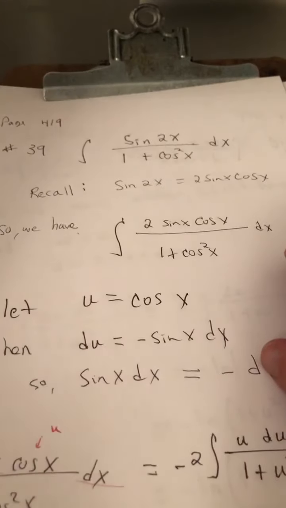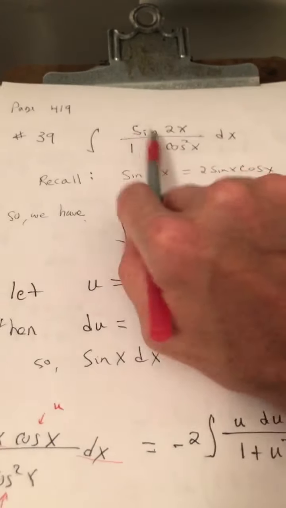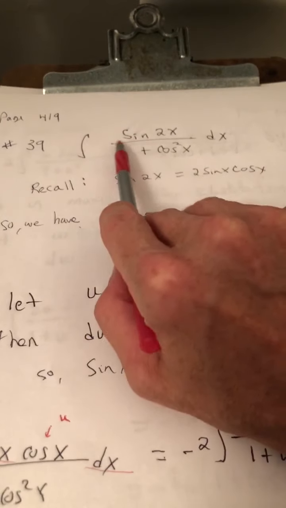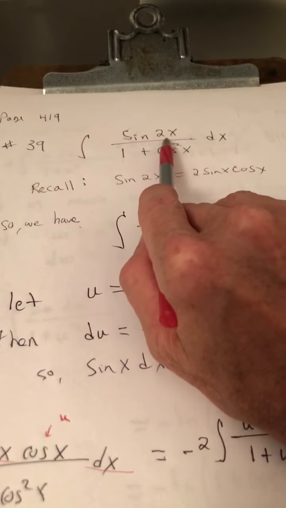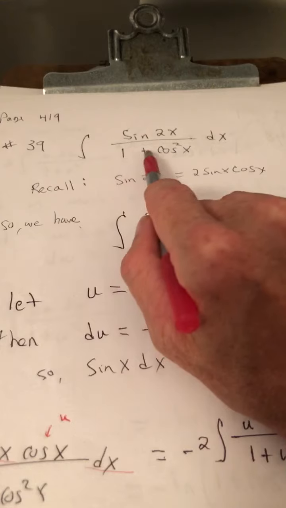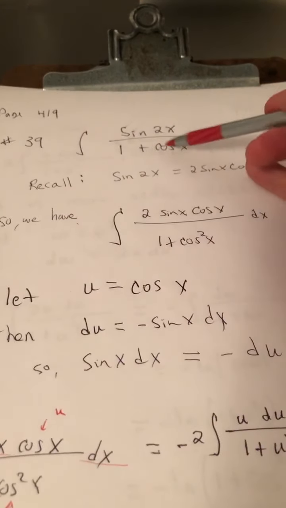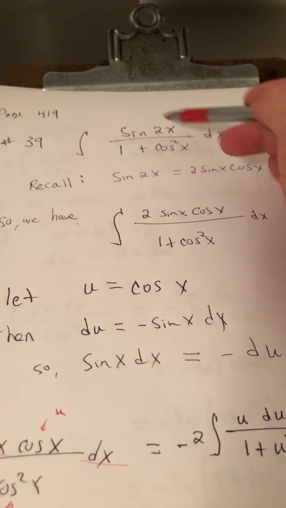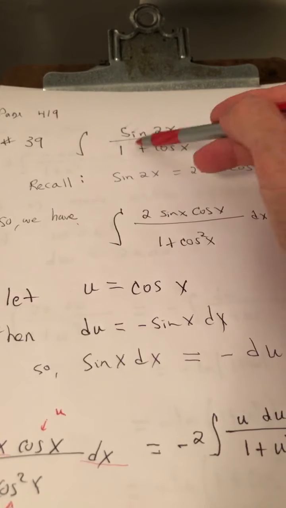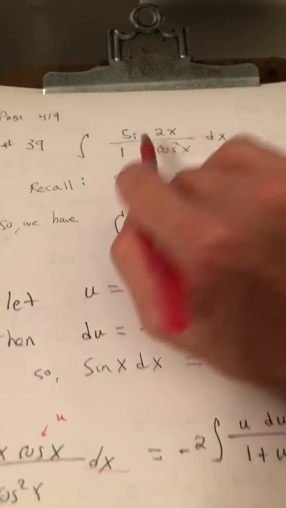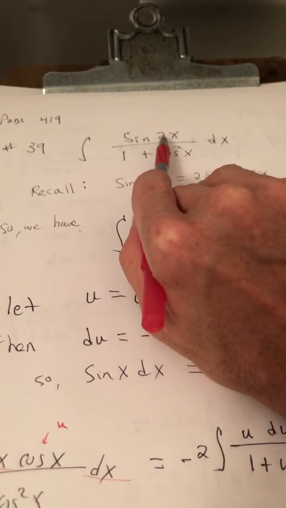Let's do one more. We have the integral of sine of 2x over 1 plus cosine squared of x. So it's inconvenient to have trig functions of different arguments. See how the argument here is x and the argument there is 2x.